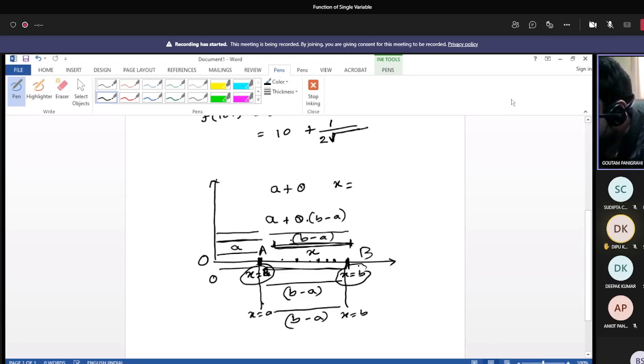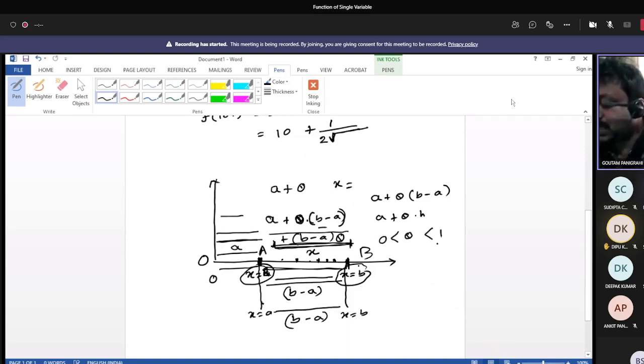This length is b minus a. So a plus theta into b minus a, where theta ranges between 0 to 1. You have assumed b minus a is h.